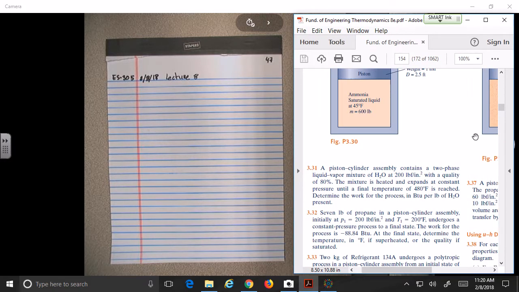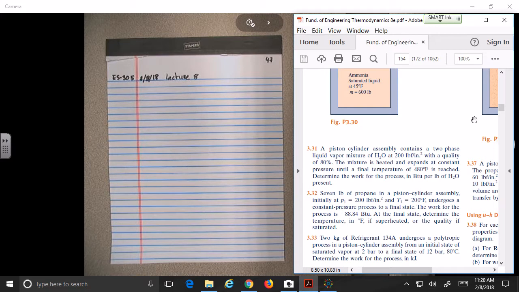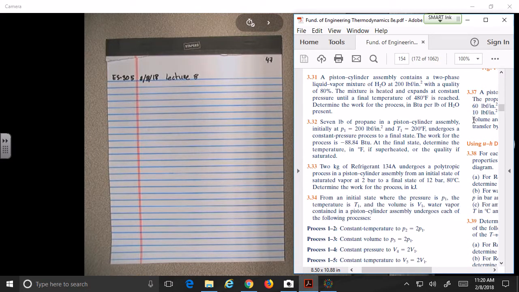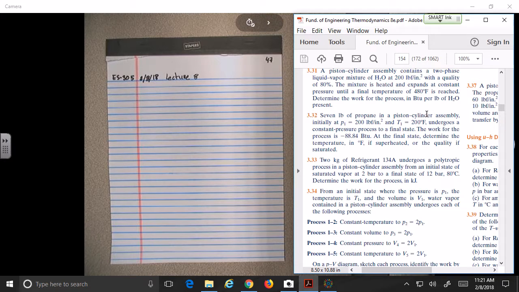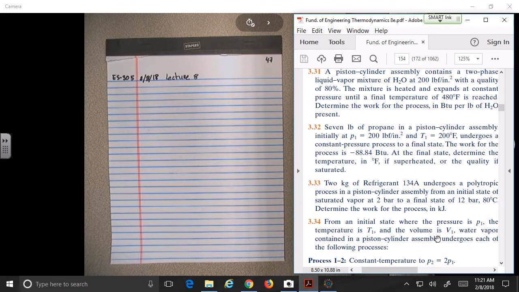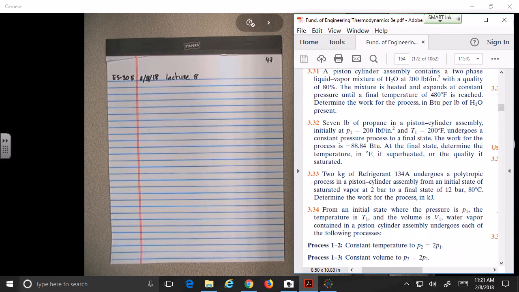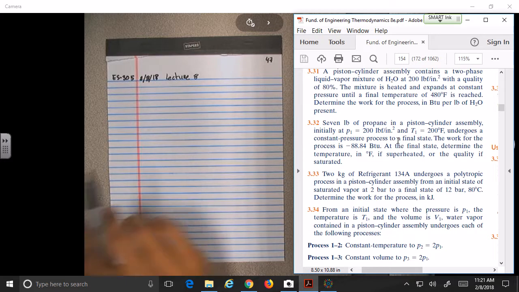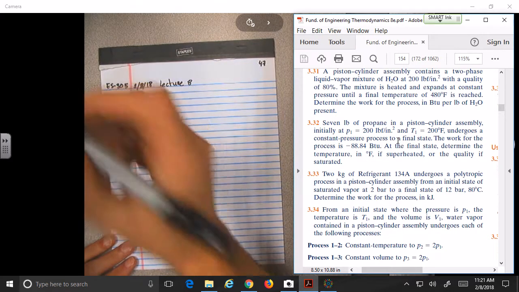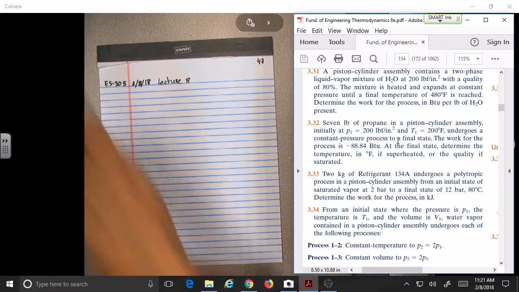Is that good for 332? Can you read it? I just want to be able to read everything, so let's see, 125, 115. All right, so let's do another example. 332 should be fine.